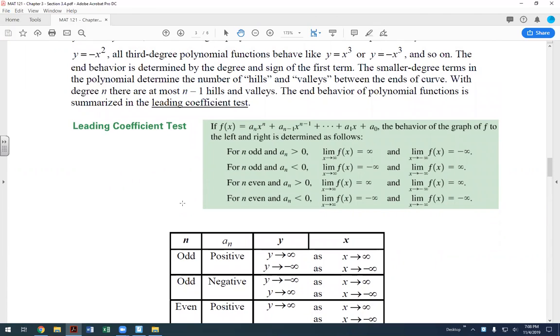Is it an odd number or an even number? The a sub n is the coefficient in front of that x variable, and is that a positive number or a negative? So there are 2 things we need to know. Is my number going to be positive or negative? And the second one, is my exponent an odd or even number?